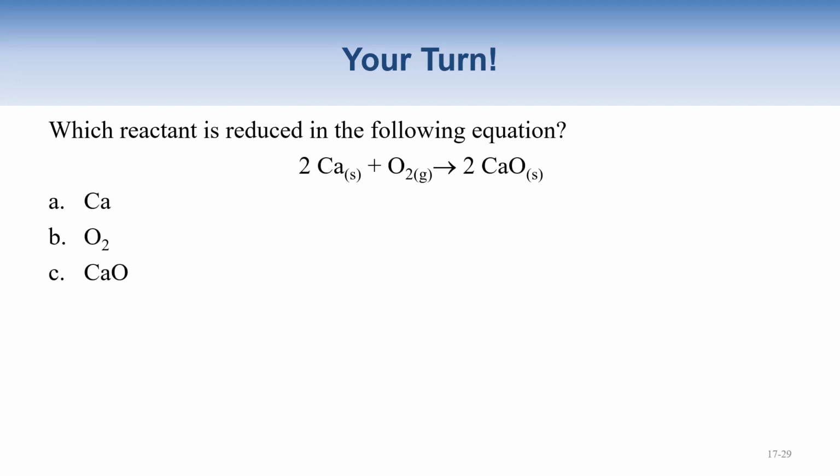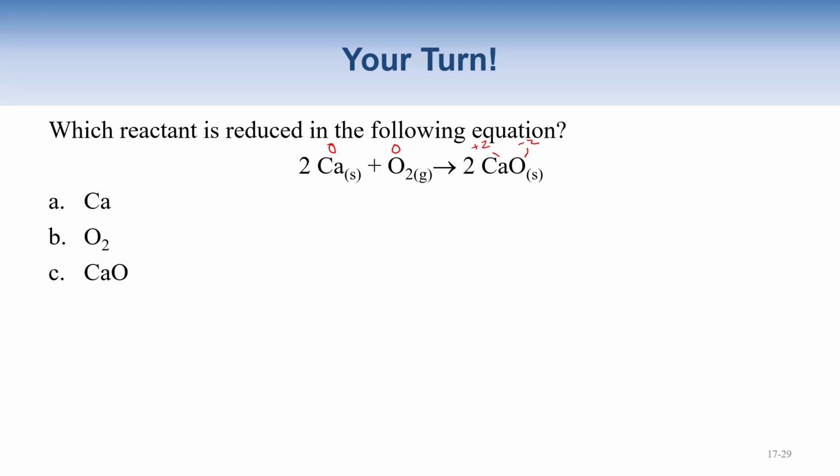Which reactant is reduced in the following equation? So here we assign oxidation numbers. Elemental calcium is 0, elemental oxygen is 0, and now we have to calculate what this is. Oxygen is -2, and because this is -2 and this is a group 2A, this is +2. -2 plus 2 gives us 0.